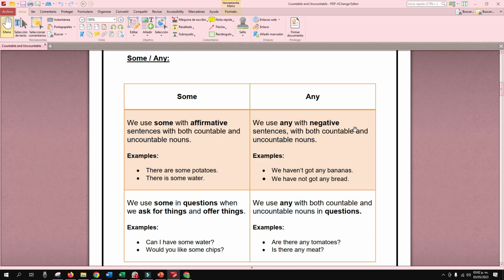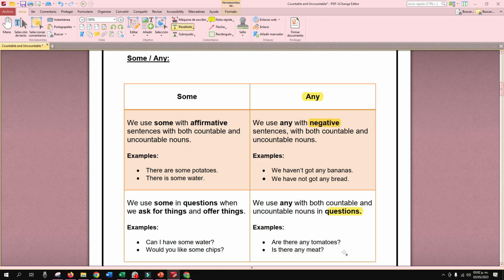So we can use any with negative sentences. Also, we use any with both countable and uncountable nouns, but in questions. So don't forget this. Any, we're going to use it with negatives and questions.